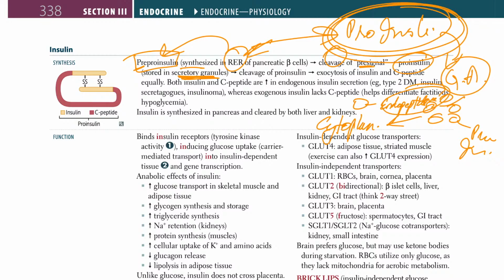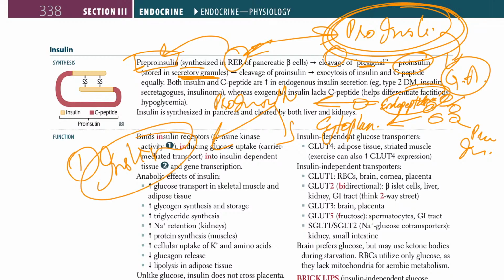Within these secretory granules, these endopeptidases are going to cleave proinsulin into two things. First you have insulin, which we need, right? And second, you're going to get C-peptide.